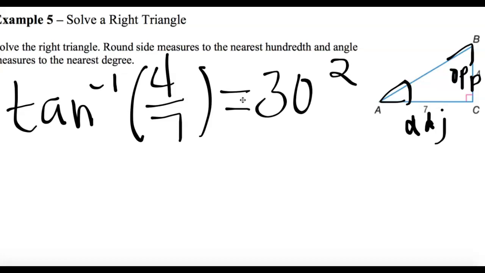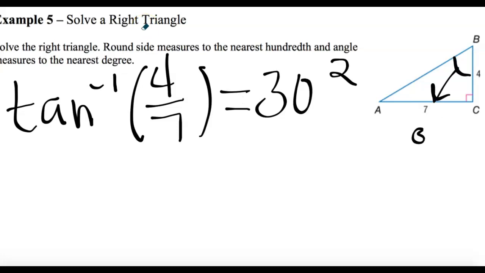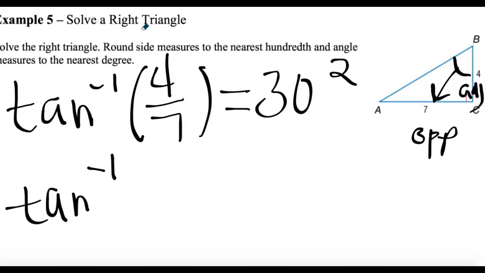Okay, the next thing we're going to be using, our places are going to be switched. So this is going to be opposite, and this will be adjacent. So the next one is going to be tan inverse, and this time we're going to have 7/4.